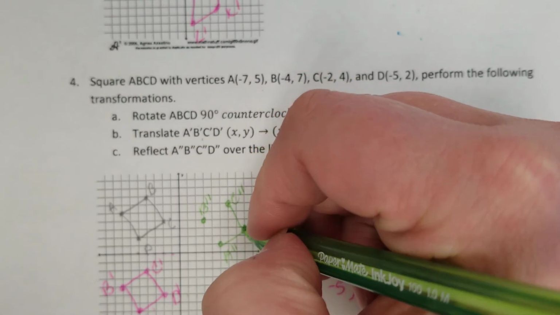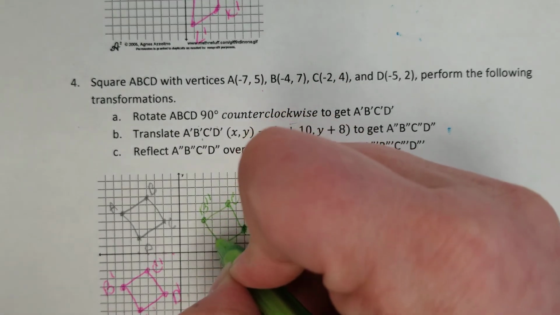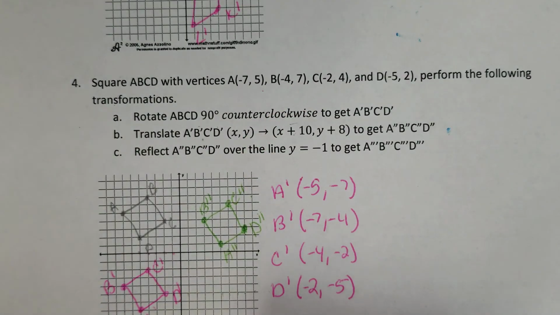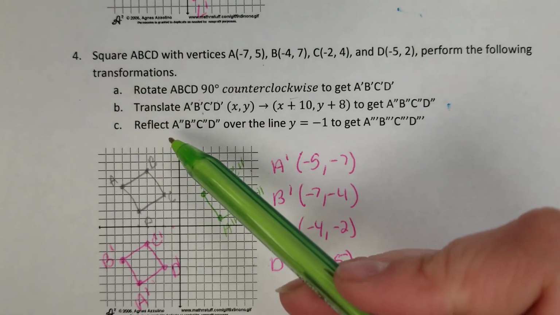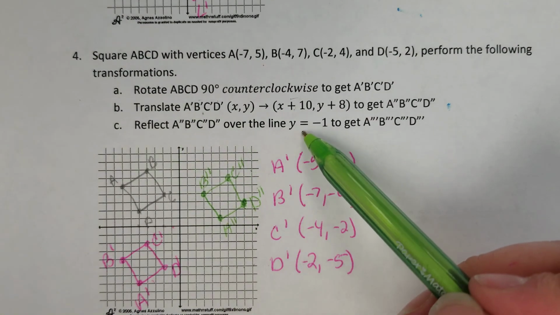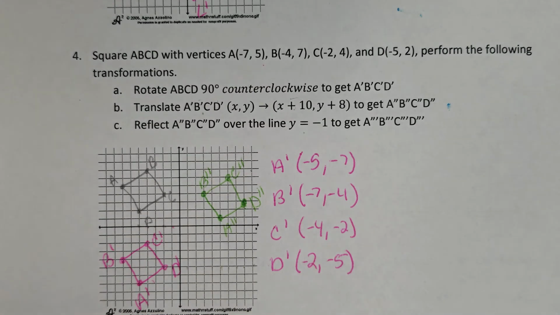All right, and there is our double prime shape. And now our last one is to reflect the double prime over y equals -1 to get triple prime.